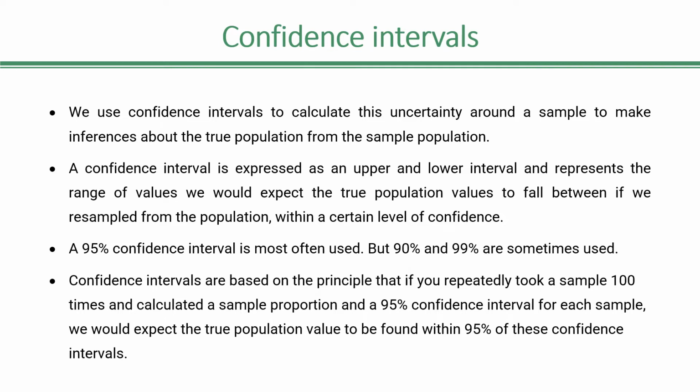A 95% confidence interval is most often used, but 90% and 99% confidence intervals are sometimes used. For a 95% confidence interval, if you repeatedly took a sample 100 times and calculated a sample proportion and a 95% confidence interval for each sample, we would expect the true population value to be found within 95% of these confidence intervals.